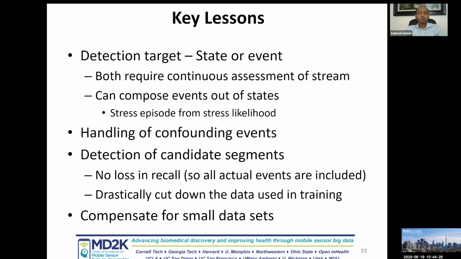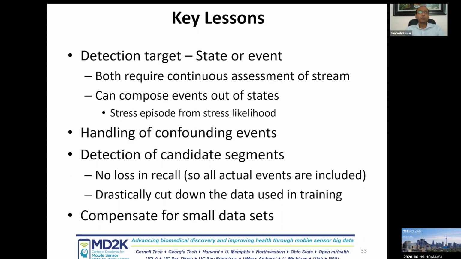One approach that has proven successful for us is to detect candidate segments before we train a machine learning model. So that means rather than providing all data to machine learning when training, we only isolate the candidate segments. It has, for us, drastically cut down the data that is used in training, and so drastically cut down the false positives.